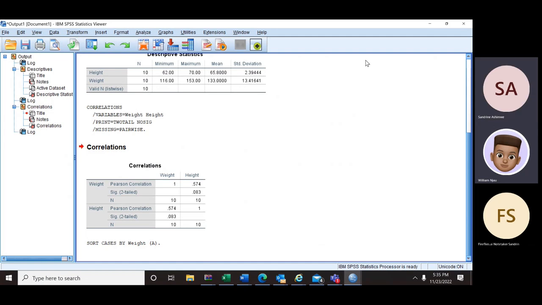If it's more than that, then it is not. So in this case, it's not significant.